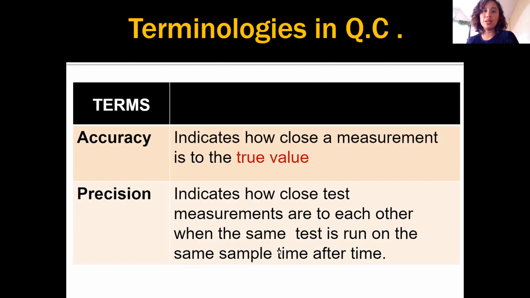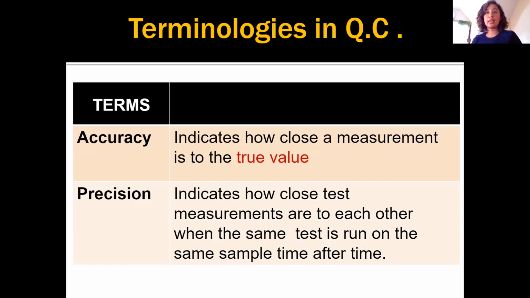And precision indicates how close test measurements are to each other when the same test is run on the same sample time after time. So, kumuha sila ng dugo ko, kunyari, at tinest yung glucose level ko 10 times. Dapat yung value ng 10 yun magkakalapit. Okay? So, pag magkakalapit yung value nung glucose levels ko, that test is very precise. Okay? Meron ba akong example ng precision dito?